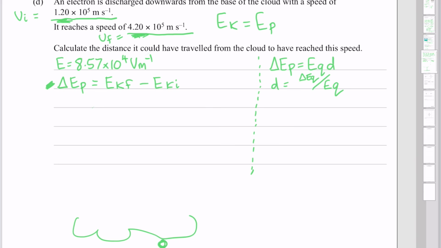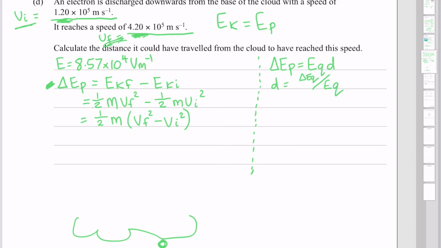Now we know that kinetic energy is half mv squared from our formula sheet. Doing a little bit of factorizing to make this easier to type into the calculator, I'm going to take the half and the m out front. And it's in this step you should hopefully see that one of the pitfalls of this question is taking the difference in the velocities.